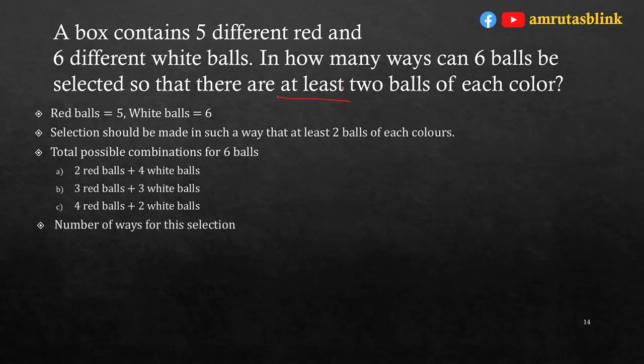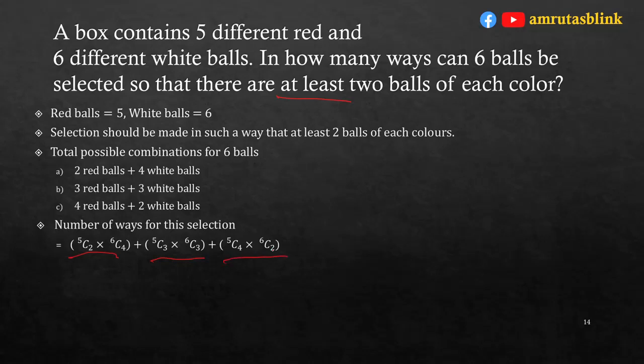So number of ways for this selection. Now in how many ways can we select 2 red balls: 5C2, into 4 white balls, that is 6C4, plus 3 red balls and 3 white balls. So out of 5 we can select 3, and out of 6 we can select 3 white balls, and 4 red balls.